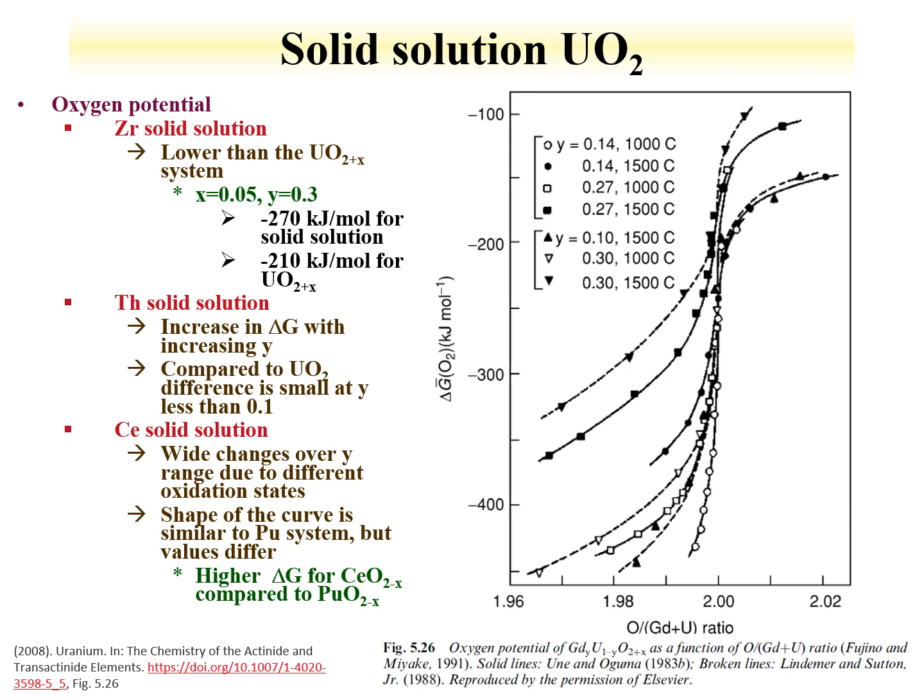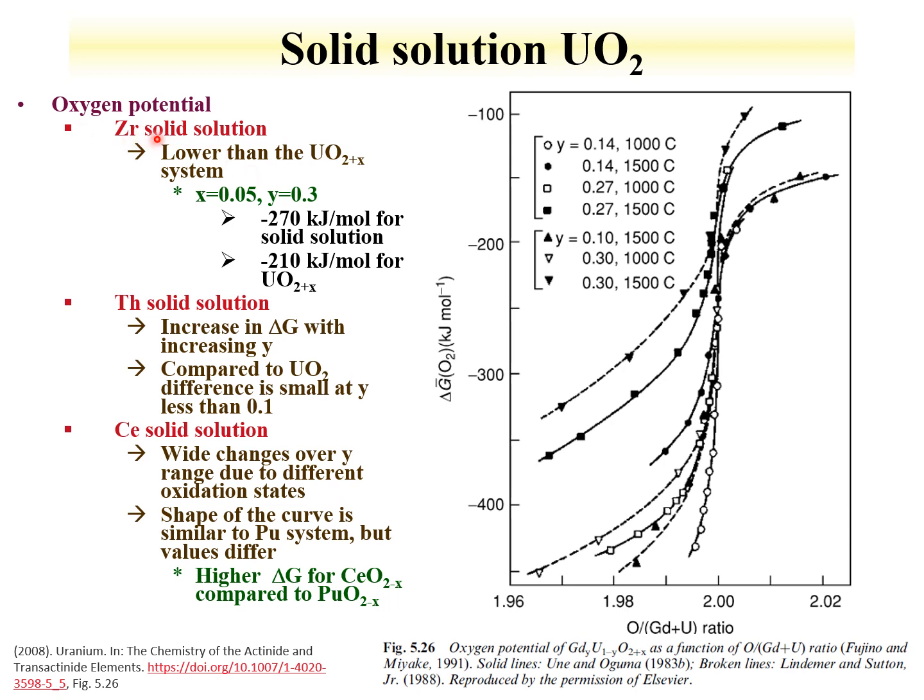Again, if one is making fuel out of solid solutions, one may want to control the relative amount of oxygen in the system, and one could do that similar to what was done with the uranium dioxide by looking at a thermodynamic parameter, in this case the Gibbs free energy, as a function of uranium or oxygen to metal ratio.